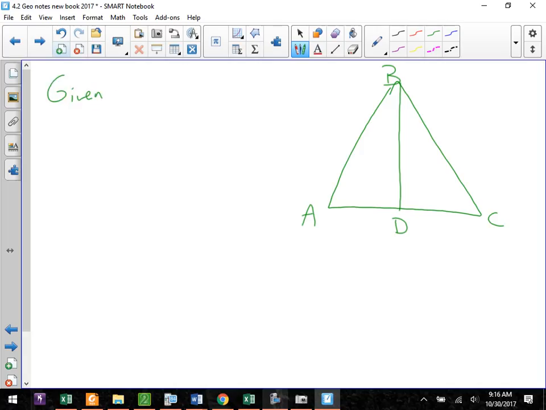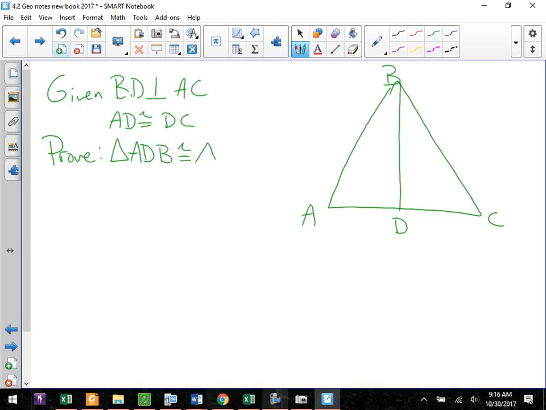Given, I'm going to walk you through a perpendicular one real quick.